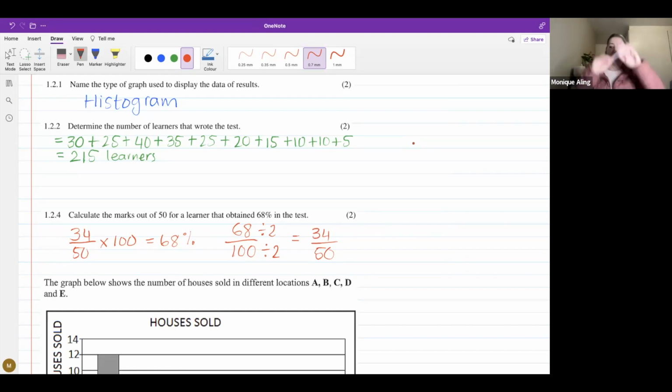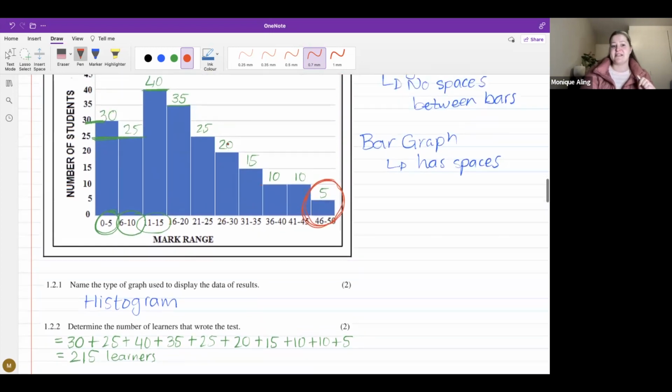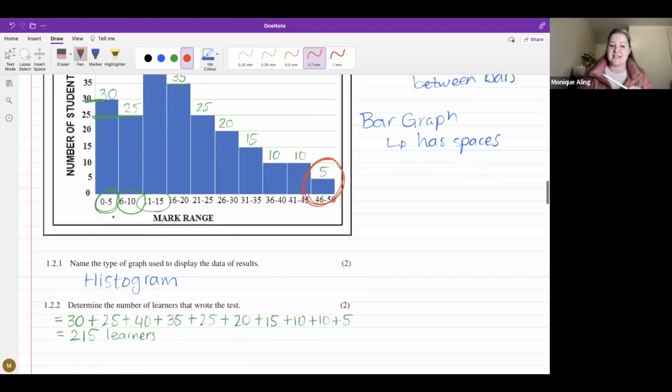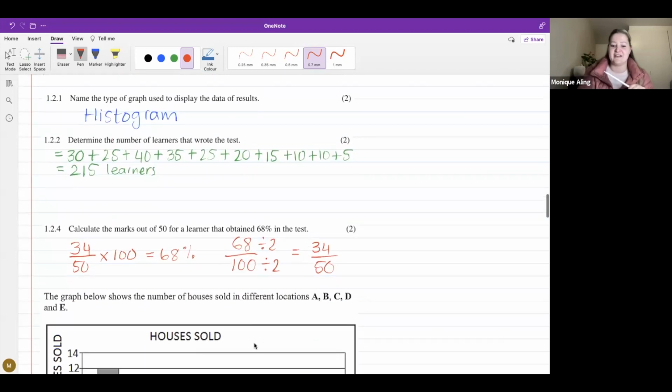So they want to know the whole total of how many learners wrote this test. And in our graph, we can only see sections. We can see how many got 0 to 5 out of 50, how many got between 6 and 10 marks. So we had to get the final total. Does that make sense? Yeah, that makes sense. Thanks, ma'am. Pleasure.